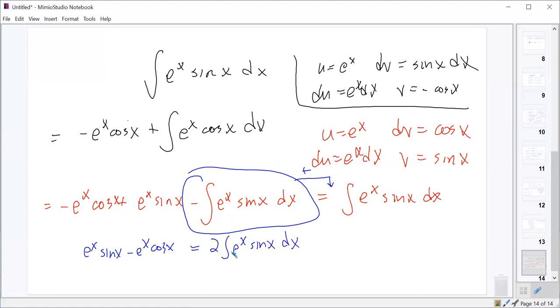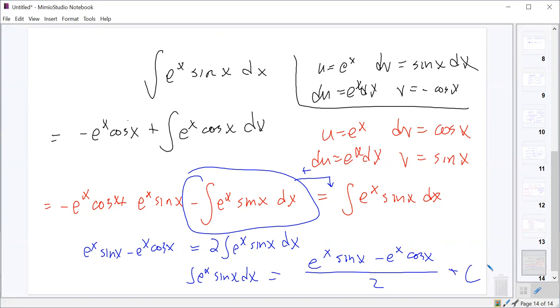Well, I don't want 2 of them, I just want 1, so divide it by 2. We have the integral of e to the x sine x dx equals e to the x sine x minus e to the x cosine x all over 2. And don't forget your plus c.